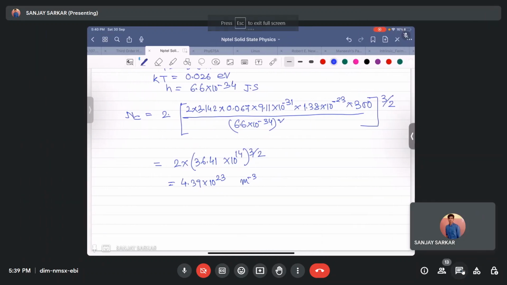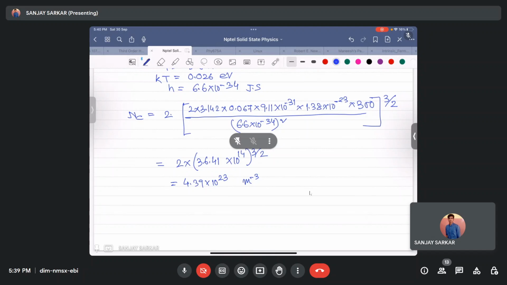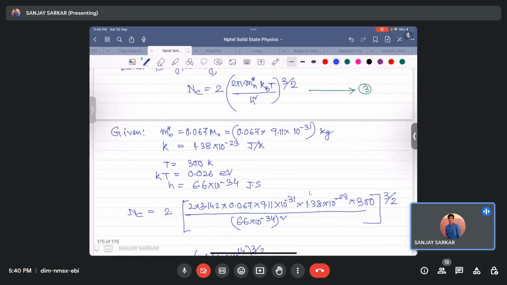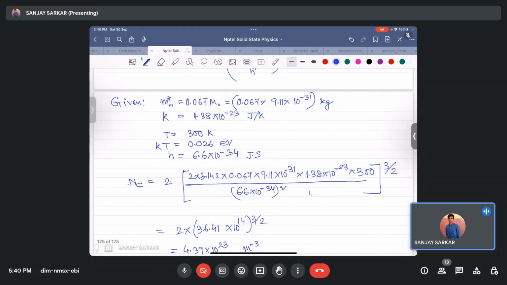Sir, what is the formula for effective density for valence band? Yeah, I'll write down the formula for valence band also. Only in the place of mn star, it will be mh star.